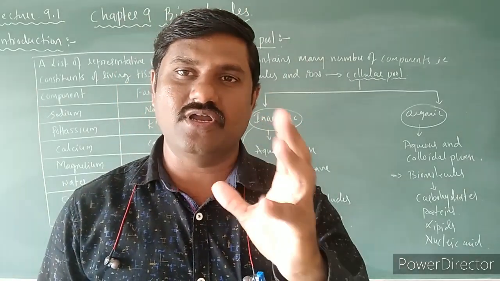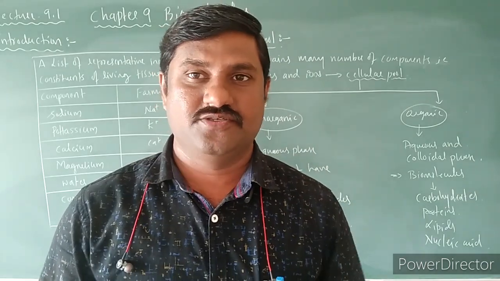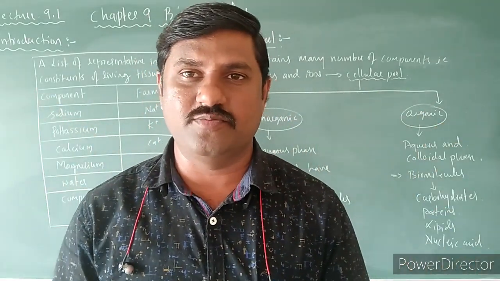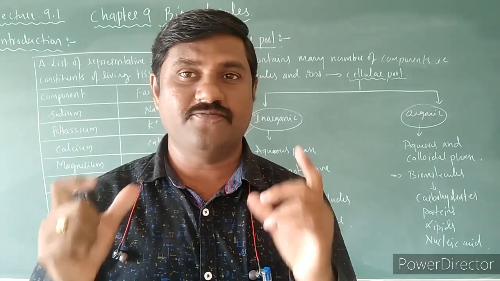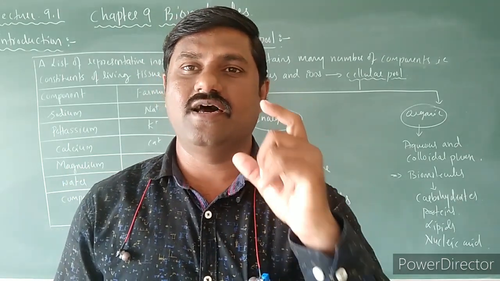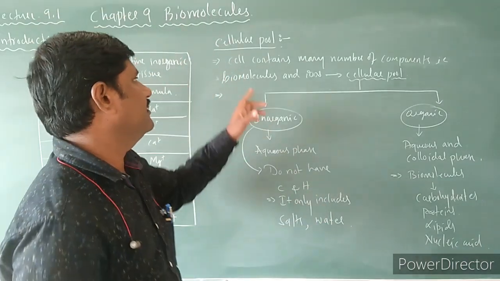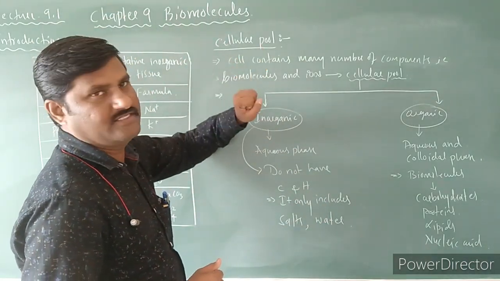Right? We are focusing on a single cell now, not the entire tissue or the entire part of the body. So we are focusing on the cellular components only in this case. That's why the heading is cellular pool itself.